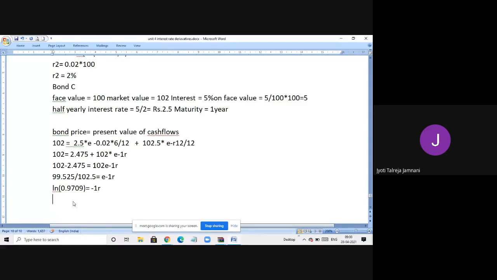You get minus 0.0295. If we take that minus 1 to this side, it will become divided by minus 1, which is equal to r. The minus signs will get cancelled. Anything divided by 1 will be the same. So the rate is 2.95%.